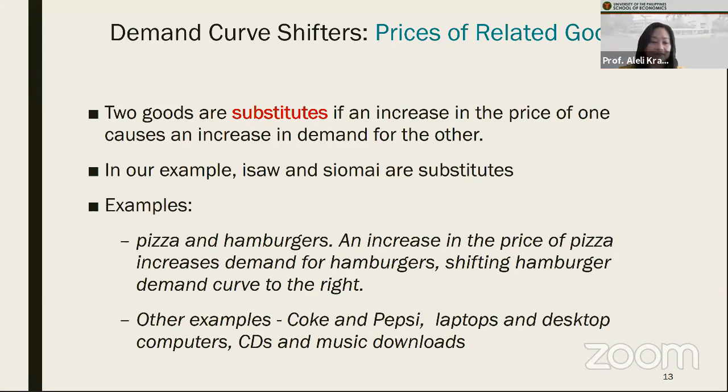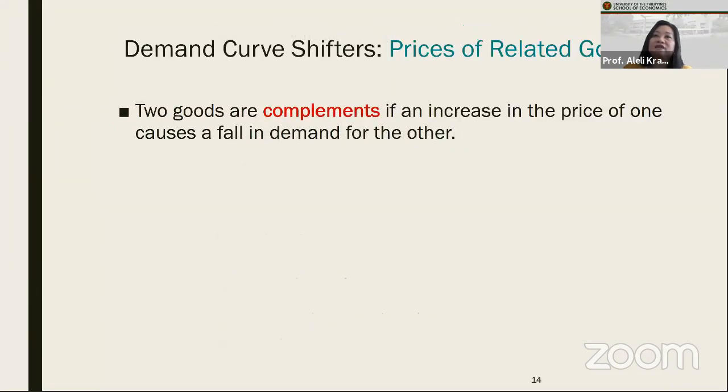Okay. Now, there's another type of relationship between goods, and that is that of being complements. These are usually goods that are consumed together. Like for instance, if you want to consume coffee, you're always consuming coffee with donuts. So we think of these two goods as complements.